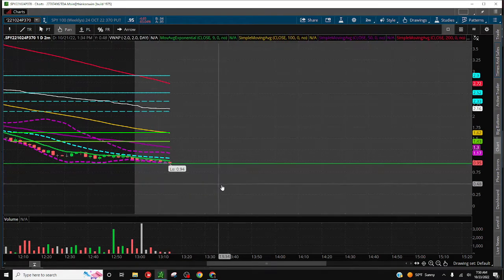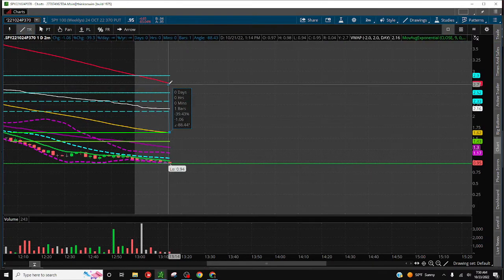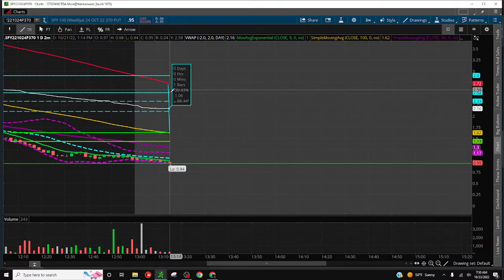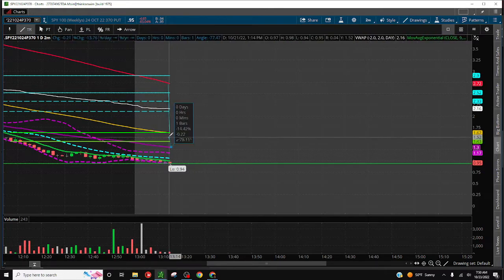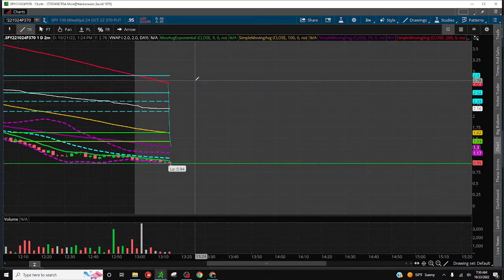But I would look for a flattening out and then a move back up, and if it starts to go back up, the profit window would be from yellow to red, so $1.06, or purple to yellow, 31 cents on the contracts. That's what I would be looking for.